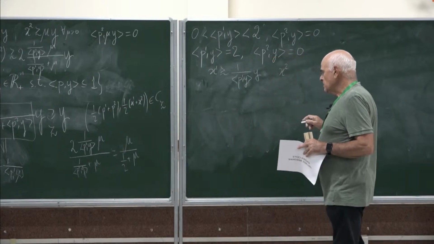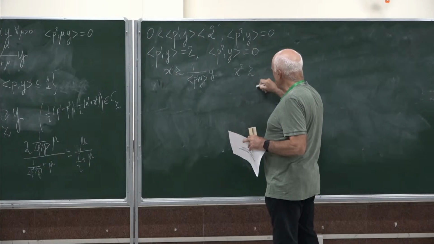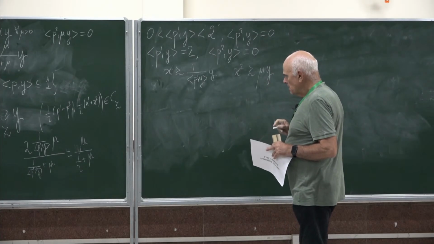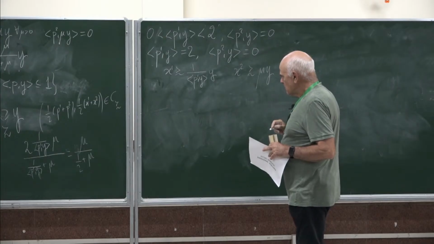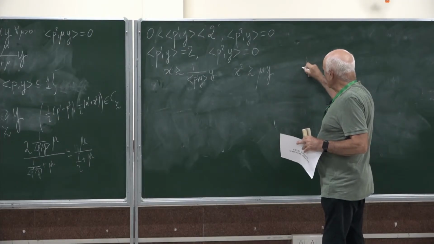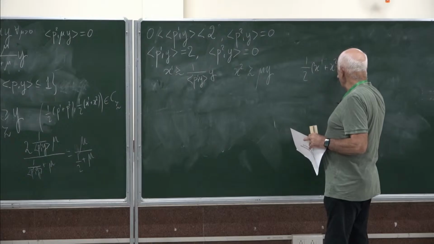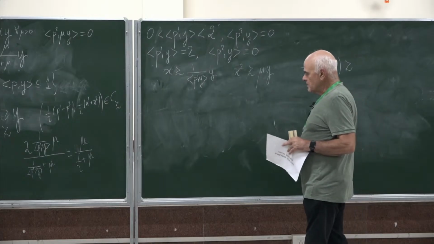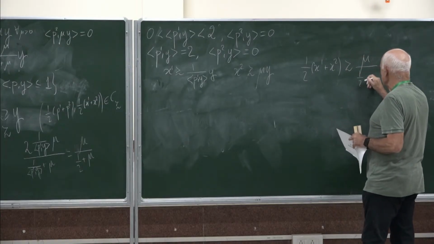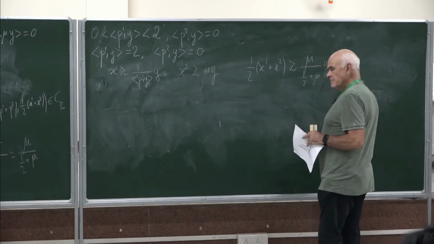Let's see if it works. So I am assuming this is greater than or equal to mu y. So the conclusion is, let us see if it is useful or not, that 1/2 x1 plus x2 is preferred to mu over 1 plus mu, 1/2 plus mu, times y.